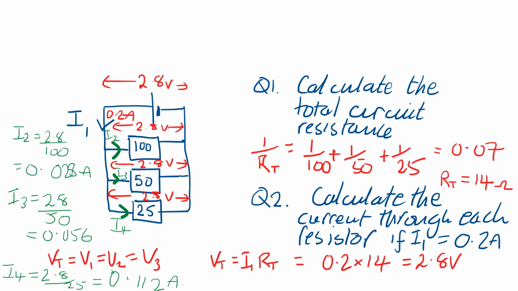Note that the resistor with the highest resistance has the lowest current flowing through it, and the resistor with the lowest resistance has the highest current. We could check this by adding these three values together. We should find that we get 0.2 amps.